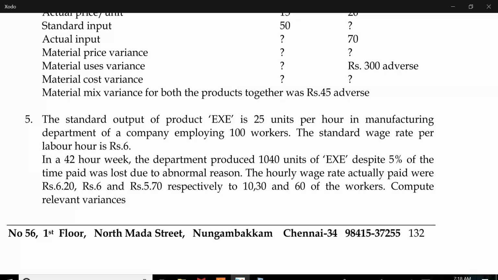So this is a problem on single labor. Is there any idle time? 5% of the time paid was lost due to abnormal reason. So this is a problem on single labor with idle time.